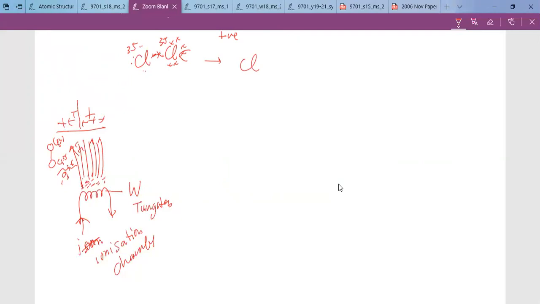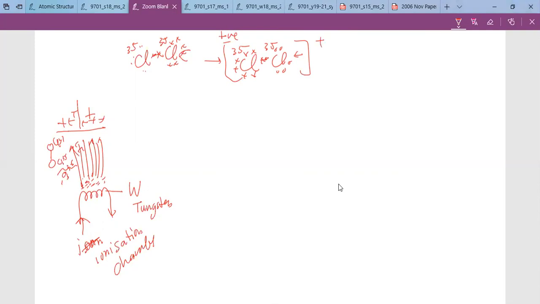Let's say one is kicked out. So for 35, I have 1, 2, 3, 4, 5, 6, that means this one has been knocked off. Now this remains 6, 7. So now the whole thing becomes one positive, since it has lost an electron.